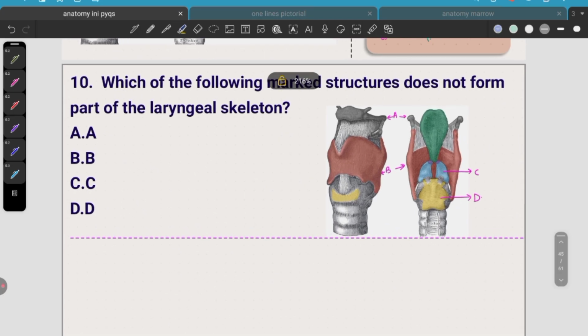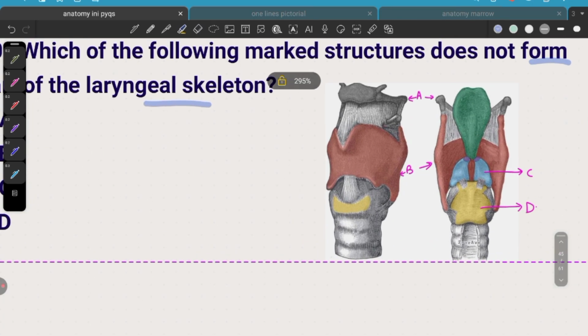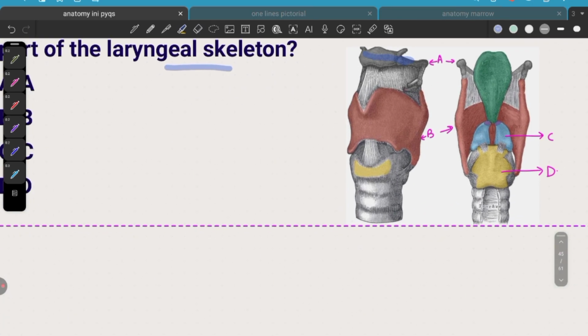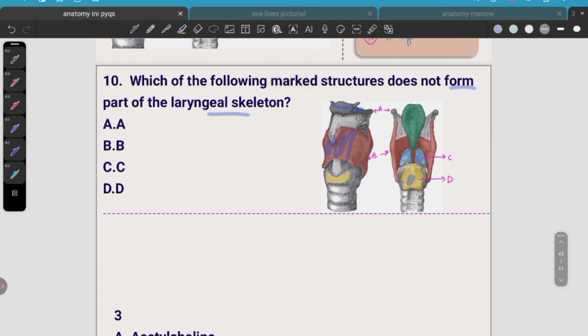Which of the following marked structures does not form a part of the laryngeal skeleton? They have marked A, which is the hyoid bone. B is thyroid cartilage. C is the arytenoid, and D is the cricoid. All of these, thyroid, cricoid, arytenoid, form a laryngeal skeleton except hyoid bone.